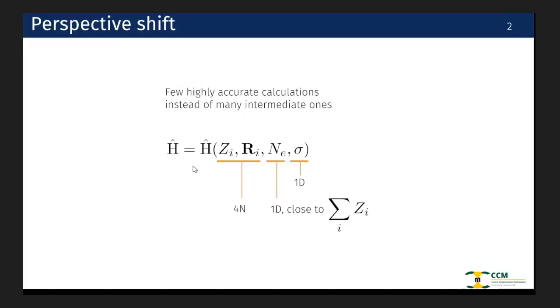And it takes the nuclear charges, atom positions, number of electrons, and the net spin of the system. If you have those, that fully describes the properties of any system, provided that the physical effects that you actually plug in the Hamiltonian are accurate. But that's not possible.